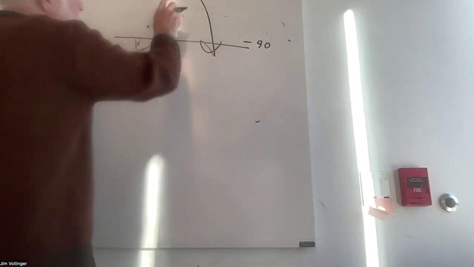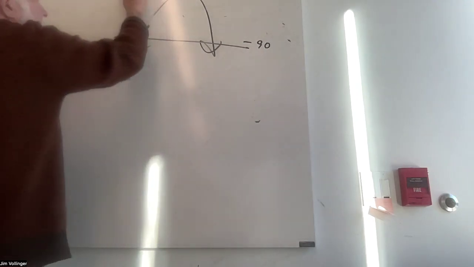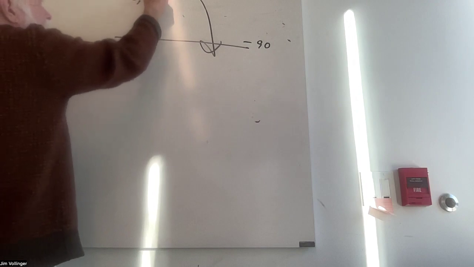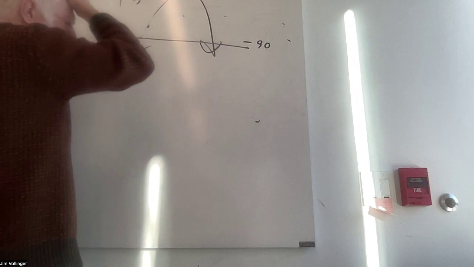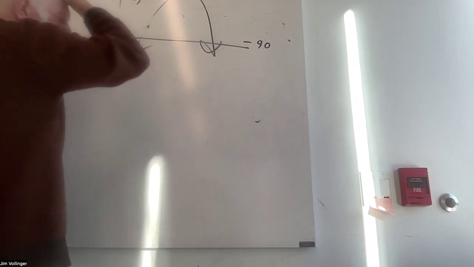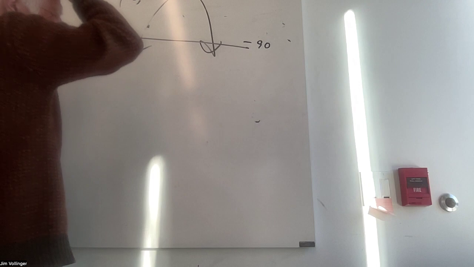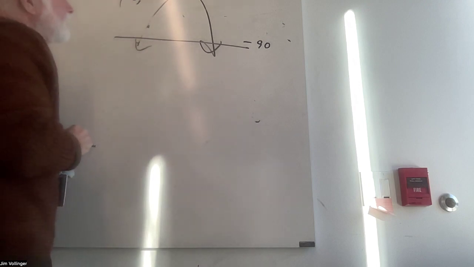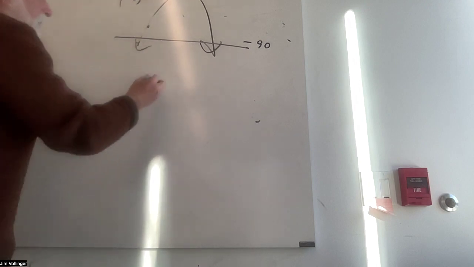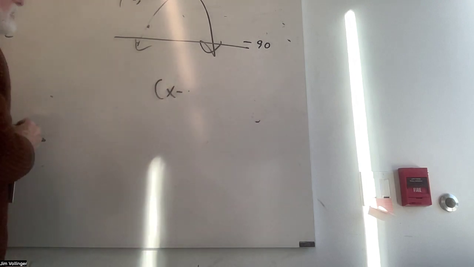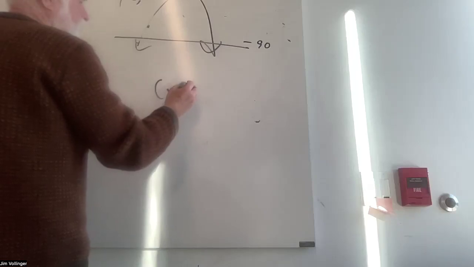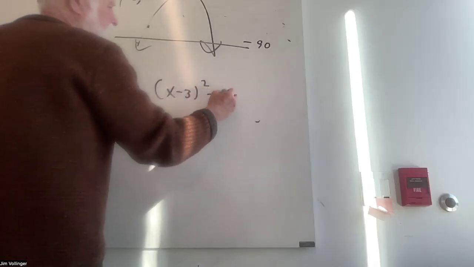So the vertex was, what was it? I forget. Oh, it was 3, negative 45, I think. And I think the A term was, I forgot. No, I forgot, darn it. Well, I can certainly make this up. So x minus 3 squared minus 45, sure.